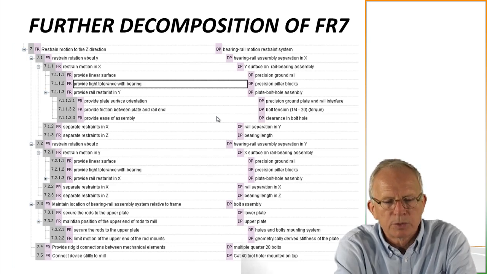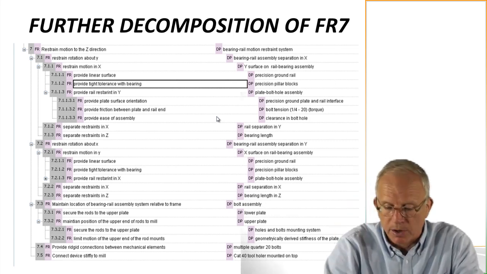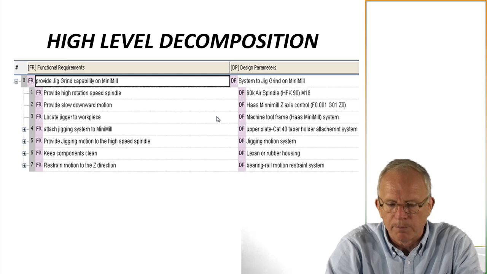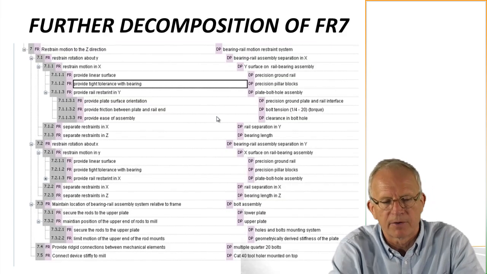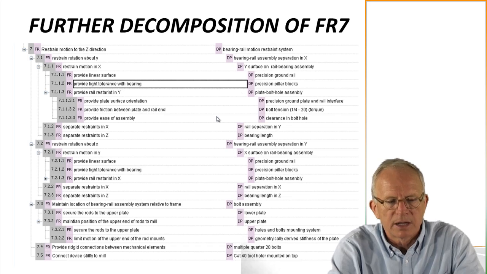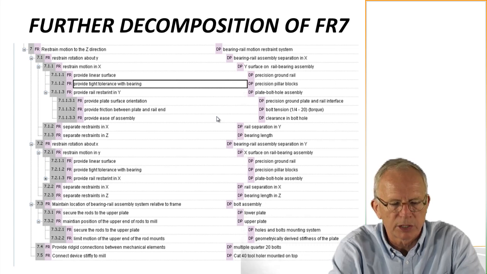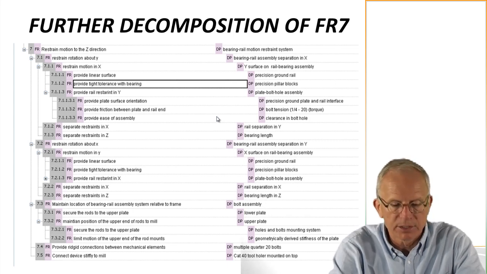So in order to restrain the motion in the Z direction, we decided to go with a bearing and rail system, as it says here. So we can see that at the top of FR7. And then we want to restrain rotation about Y. If we look at 7.1, 7.2, restrain rotation about X. And then 7.3, maintain the location. 7.4, provide rigid connections.